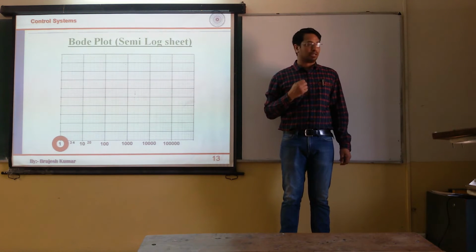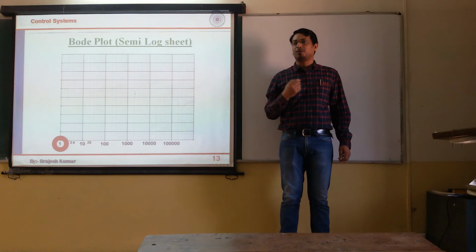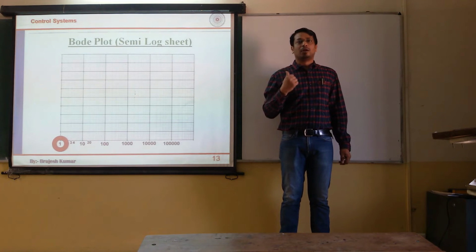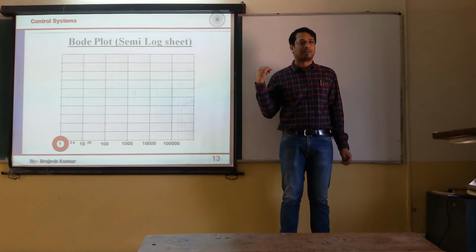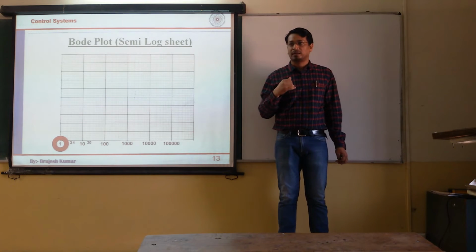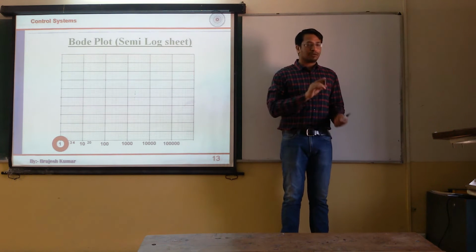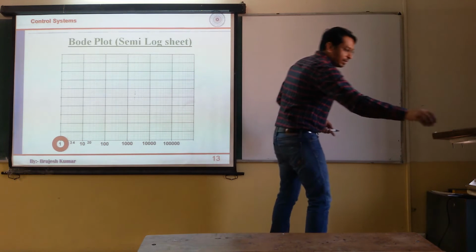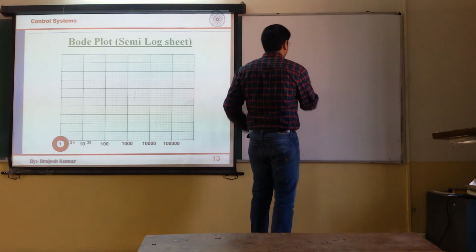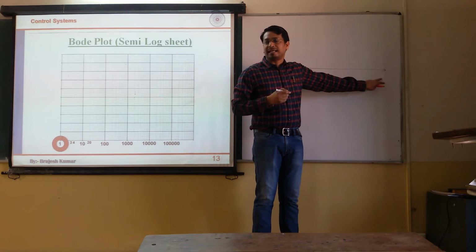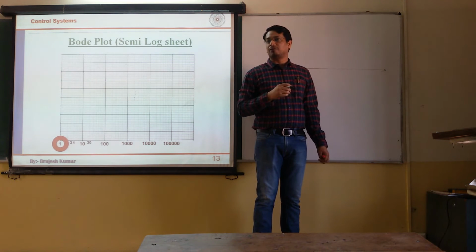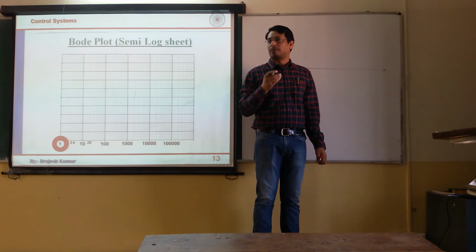But there is a problem with your x-axis because it is already expressed in the logarithm of omega, and I think you might have never used such a type of graph sheet in your schooling, correct? So the x-axis, try to analyze this. Whatever quantity you take, it will automatically give you the logarithm of that particular quantity.